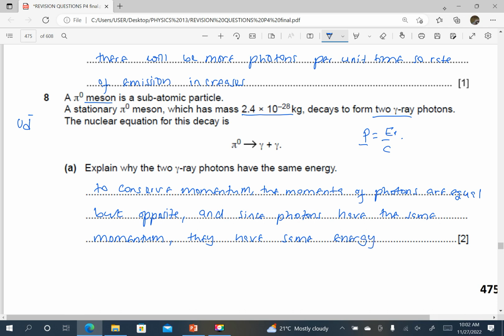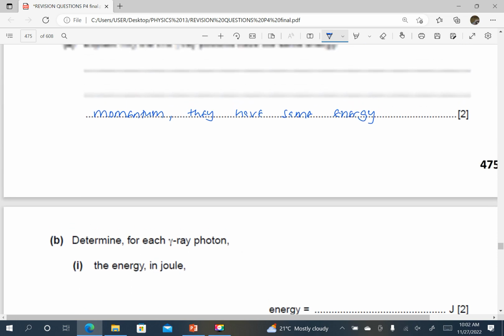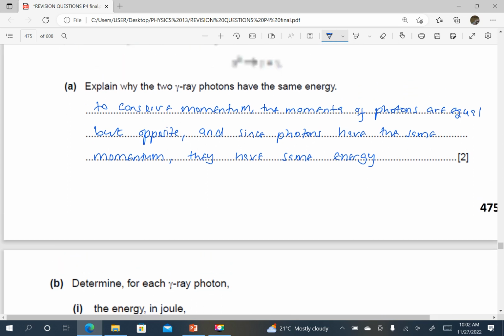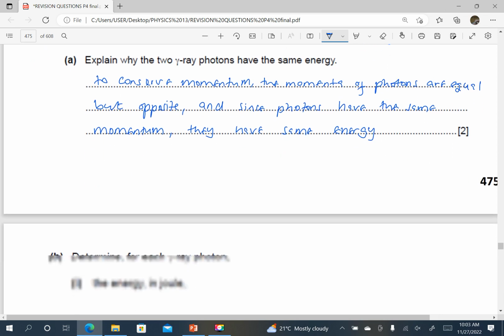So we have seen that to conserve momentum, the momenta of photons are equal but opposite. And I've shown you here that momentum is energy over c. If the momenta are equal but opposite, the energy is going to be the same.